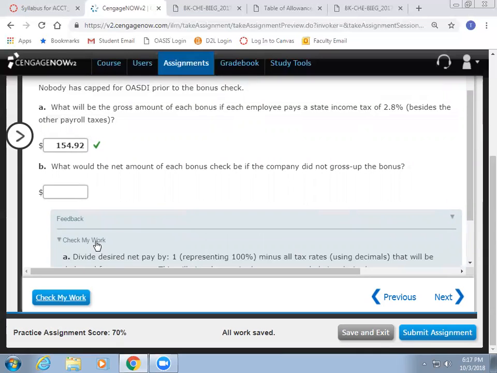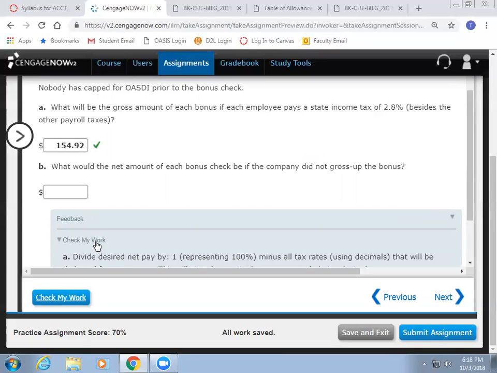Well, part B wants to know what the net amount of each bonus check would be if the company did not gross up the bonus. There you're truly taking your $100 times all of those withholdings. So you would take 100 minus federal withholding, state withholding, Social Security, and Medicare. The good news is, since it's on $100, it's easy to calculate.